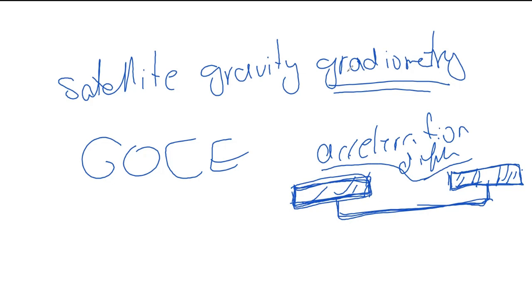So if in a satellite I have a coordinate system inside the satellite, and I have three pairs of accelerometers, two accelerometers along each axis.